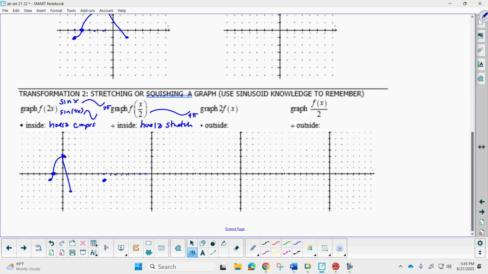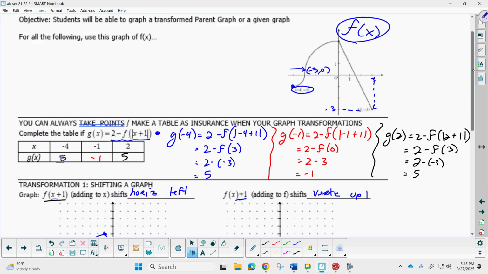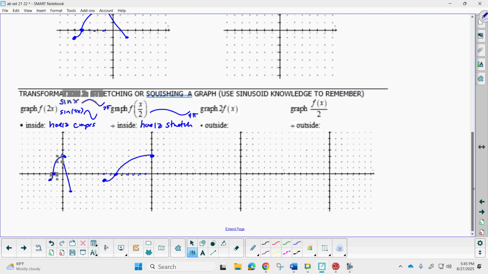That x-axis point that was at -3, 0, now will be at -6, 0. Again, 0 being changed by a factor doesn't change, it's still 0. So I've got these quarter circles being stretched. And then finally, that point that was 3, -3 at the far right, the x will double, it becomes 6, -3.